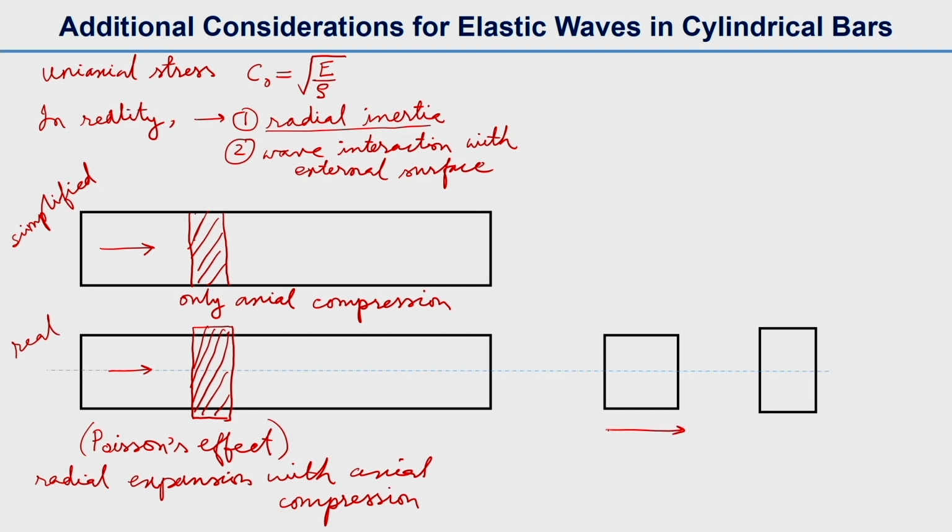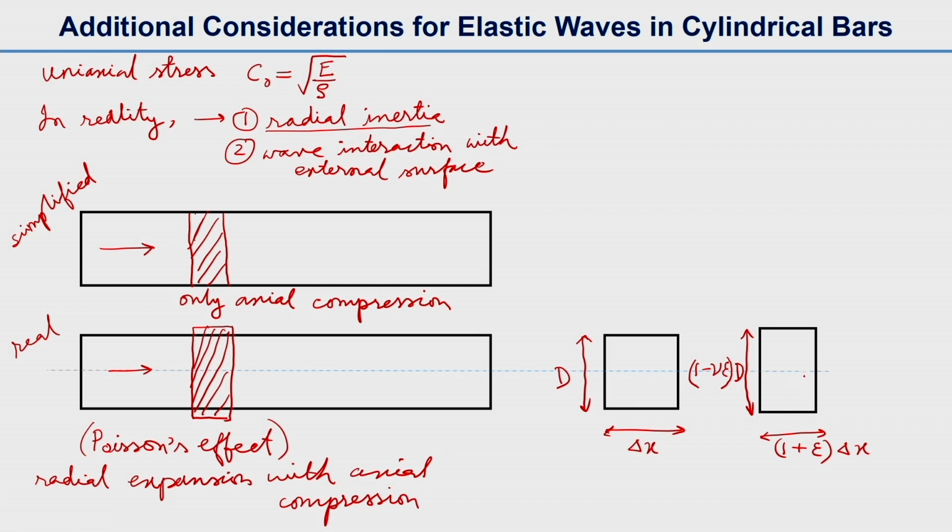the original cross section has length delta x and diameter d, and the final shape will be 1 plus epsilon, which is the strain, multiplied by delta x, and here we have the Poisson effect: nu, Poisson's ratio, multiplied by strain, the whole thing multiplied by d.